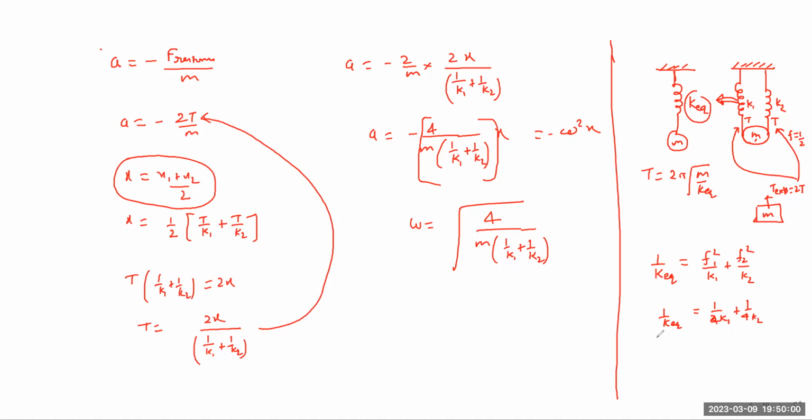This is correct. So the time period will be how much? 2 pi under root m by K equivalent.